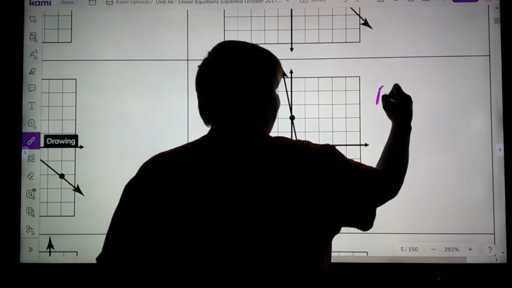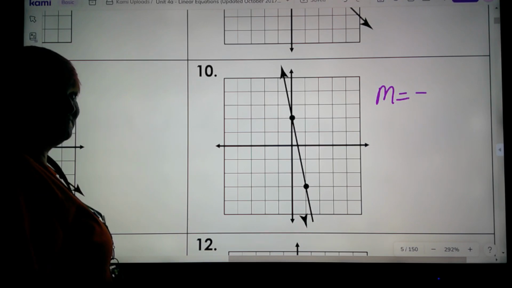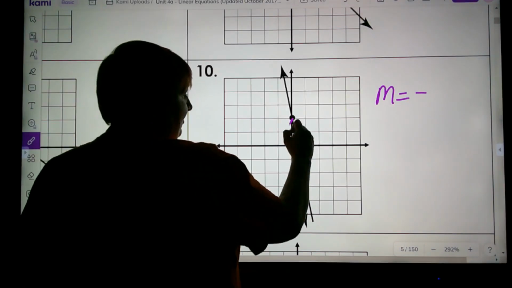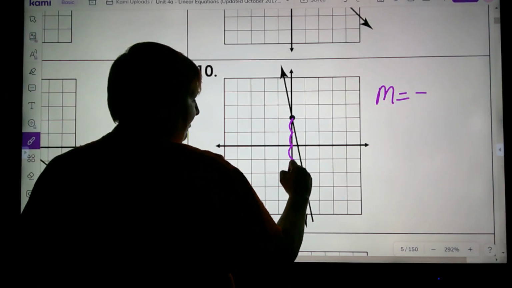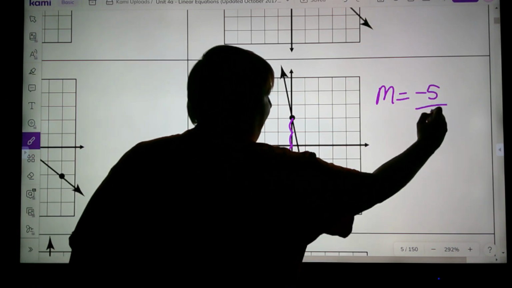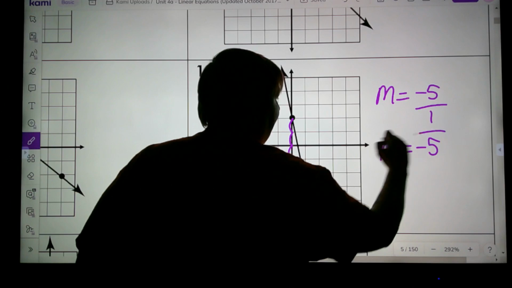Negative slope again. Why do I get all the negative slopes? I wonder if that means you get all the positive slopes. I don't think that's true. 1, 2, 3, 4, 5. We went down 5 and right 1. Negative 5 over 1 is negative 5.